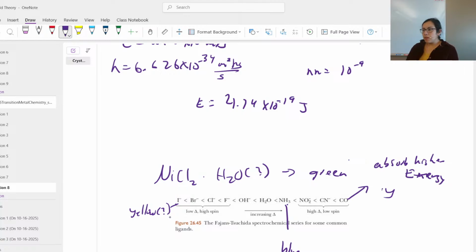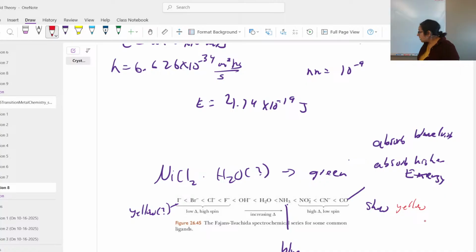But it's absorbing that, which means it's displaying. So yeah, it would absorb blue or violet, but then I would expect it to show yellow, which is why I'm kind of confused by this species. But we need a proper MO diagram discussion to maybe get into the colors more and what's actually going on.